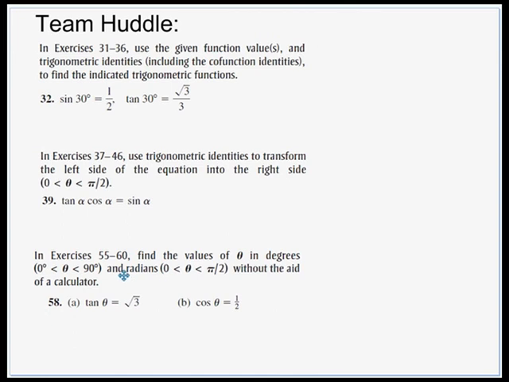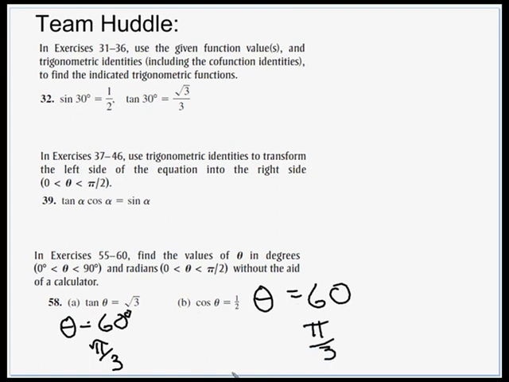So if we go back to our table where we can look these up, if you look up tangent and you see the square root of 3, you'll see that that occurs when theta is equal to 60 degrees, or that is equivalent to 1/3 pi radians, pi over 3. Cosine of a half. Again, if you go back to the notes from yesterday and look through the table, you're going to see that cosine is a half when theta is equal to 60 degrees, or pi over 3 radians.